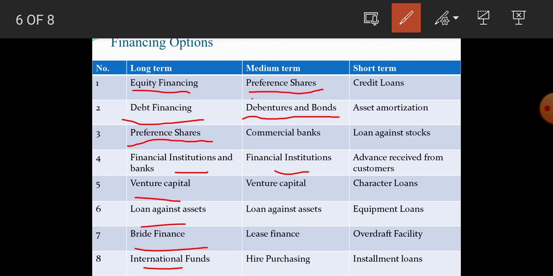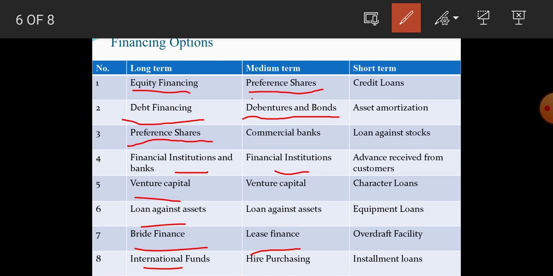Then lease finance. Lease finance is a contractual agreement. Lease means what we call bhade pe dena, that is, if we give something on lease. It is a contractual agreement in which the owner, called the lessor, having an asset, gives it on lease to another party in exchange for periodic payments for a specific period of time.